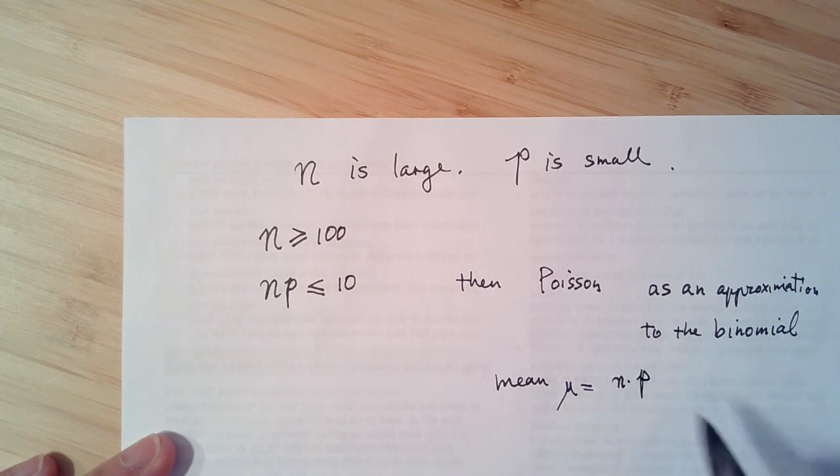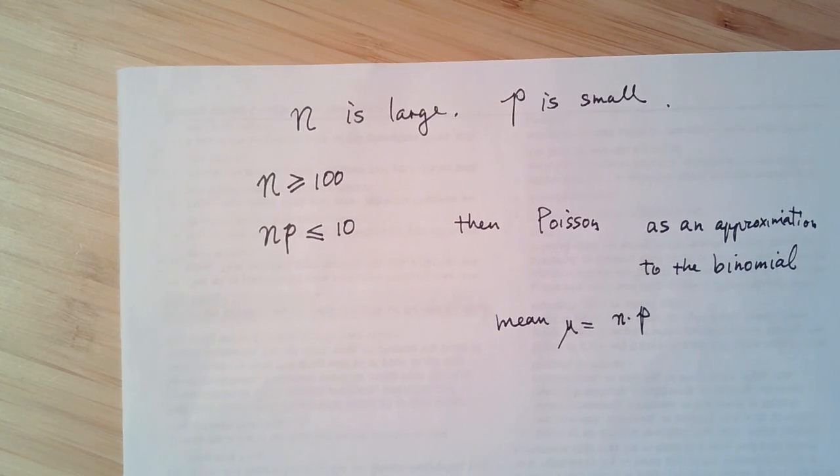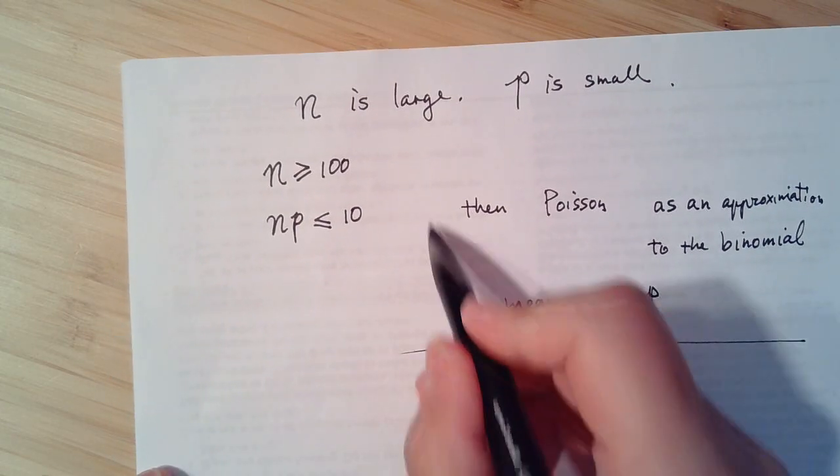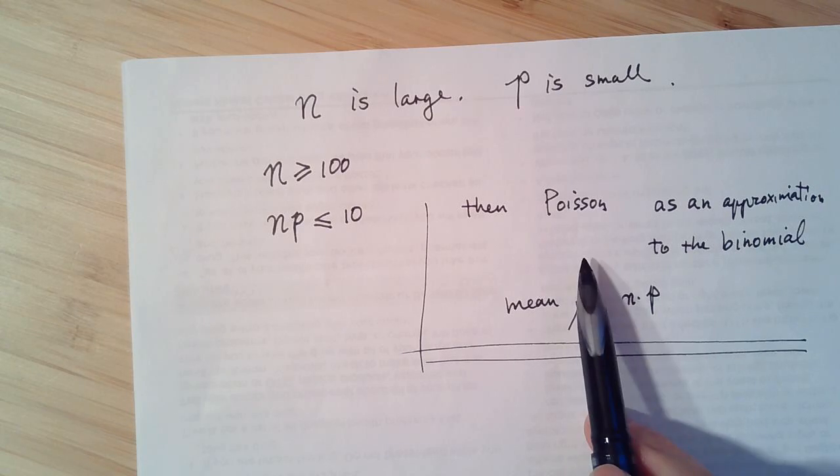What is the concept here? That means when you work on an experiment and the chance is small, and you repeat it many times, the Poisson distribution and the binomial distribution are very close to each other. Is that right? Let's see.